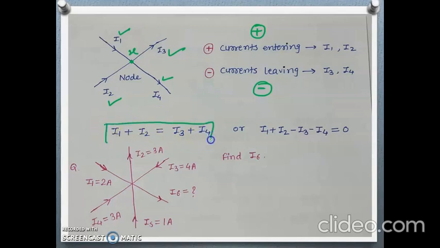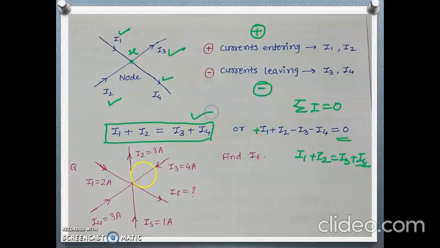Or we can write that summation of I equals 0. That means I1 plus I2 are positive, and I3 and I4 are leaving, so minus I3 and minus I4 will be equal to 0, and we get I1 plus I2 equals I3 plus I4.